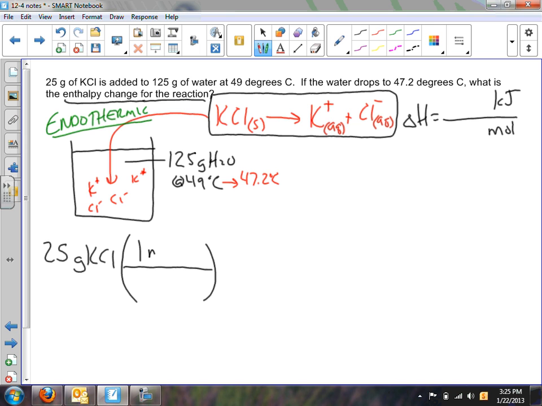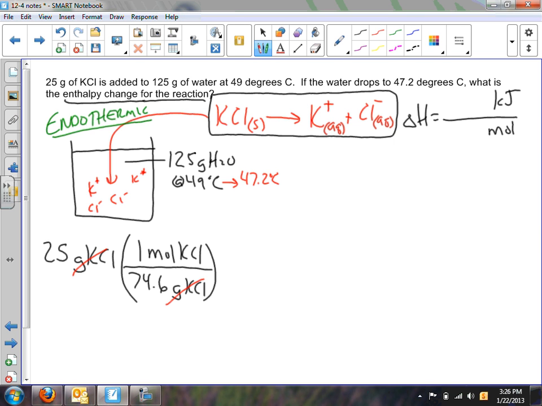No problem. We know that 1 mole of KCl is a certain number of grams. If we look that up, potassium is 39.1 and chlorine is 35.5. So the molar mass is 74.6.